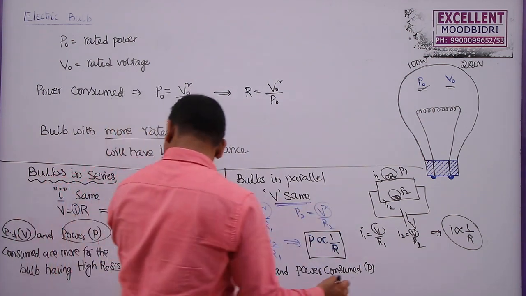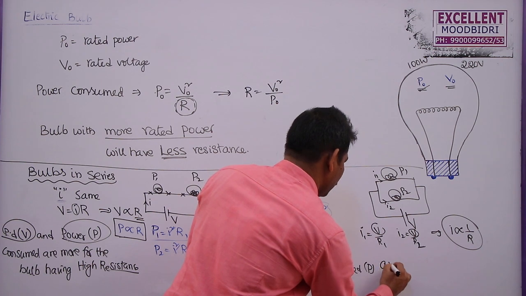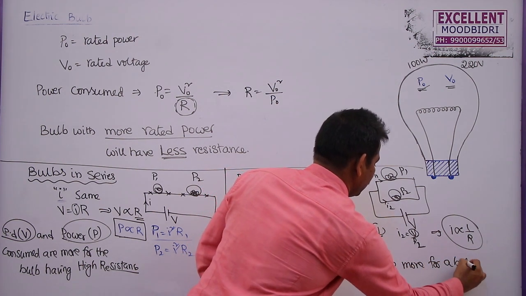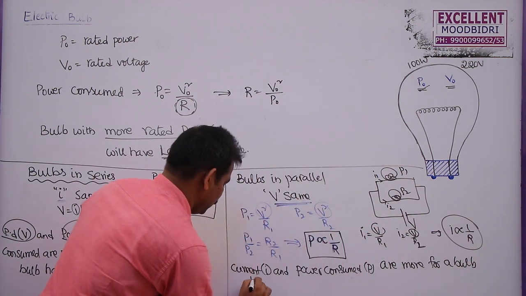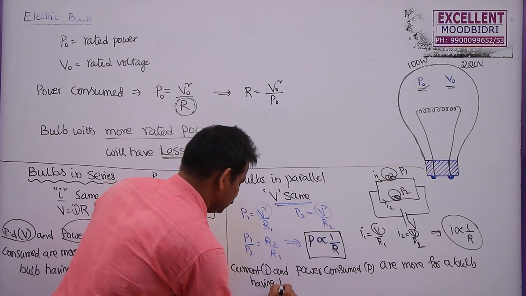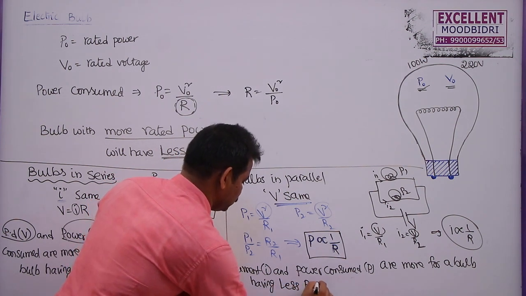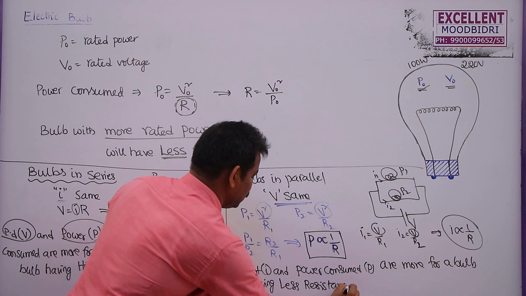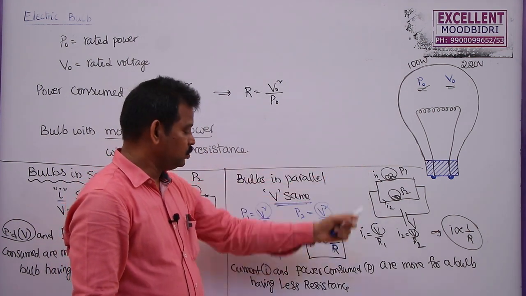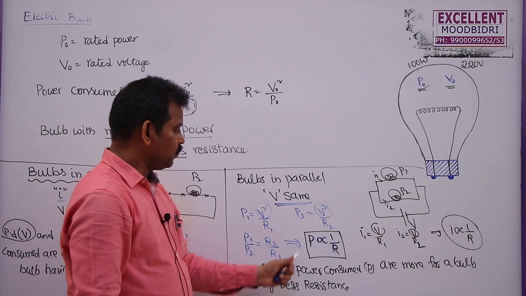They are more for a bulb having less resistance. If the resistance of the bulb is less in parallel combination, then that bulb with less resistance will consume more power and more current will pass through it.